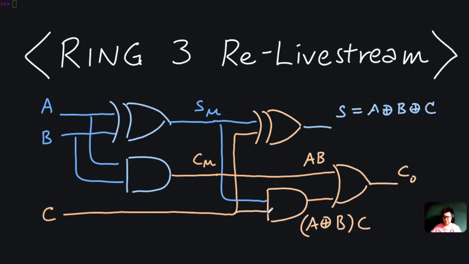So the other term for the C out occurs when C is on and S of M, the intermediate M, is on. And this also happens if one of A and B is on but C is not on.